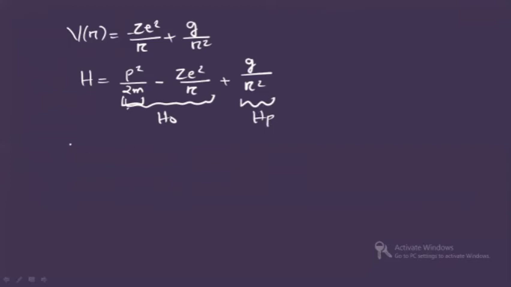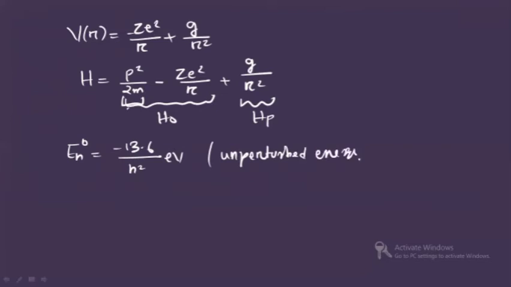The unperturbed energy E_n^0 is written as minus 13.6 by n² eV. This is the unperturbed energy. Clear?